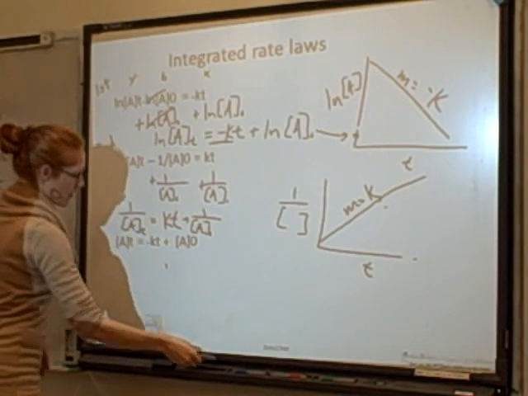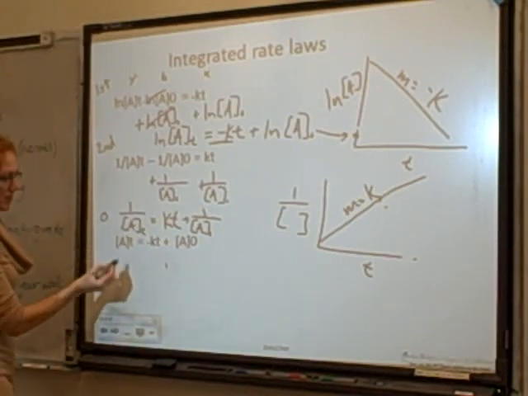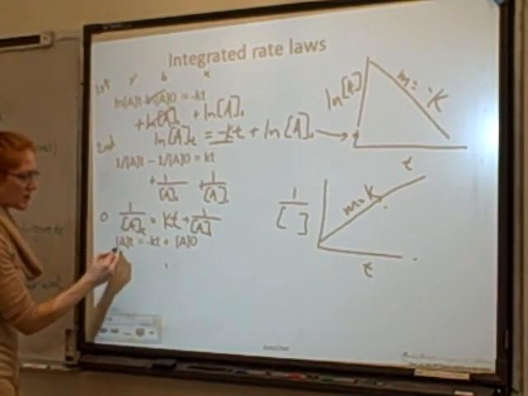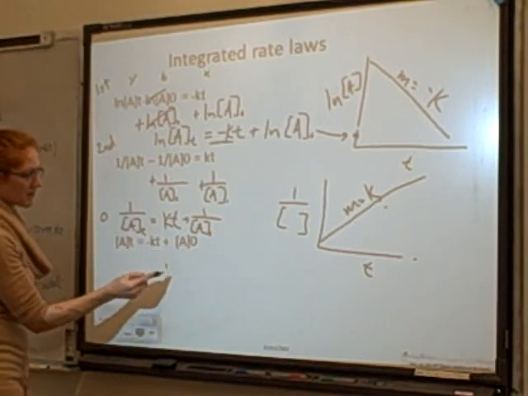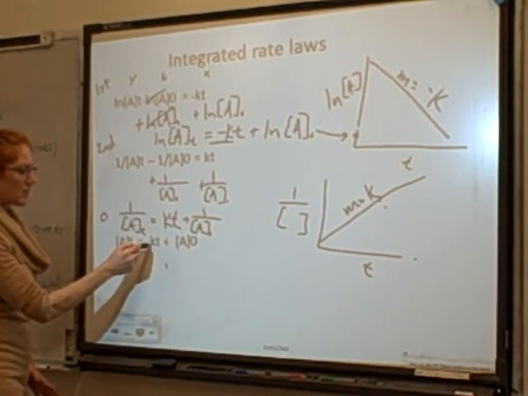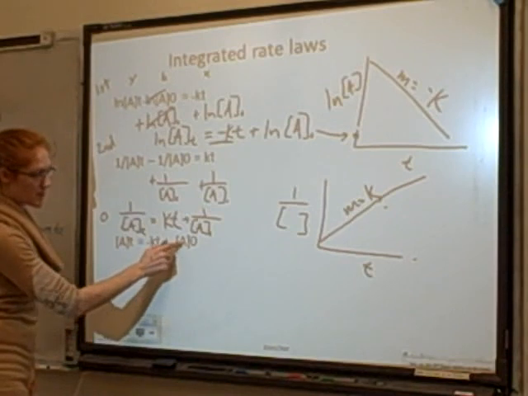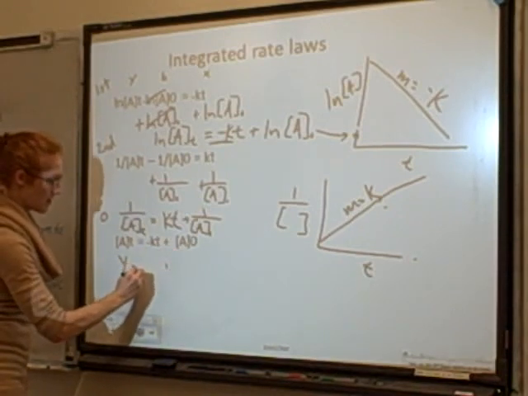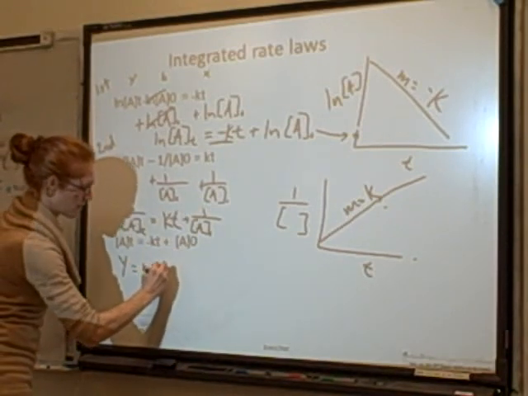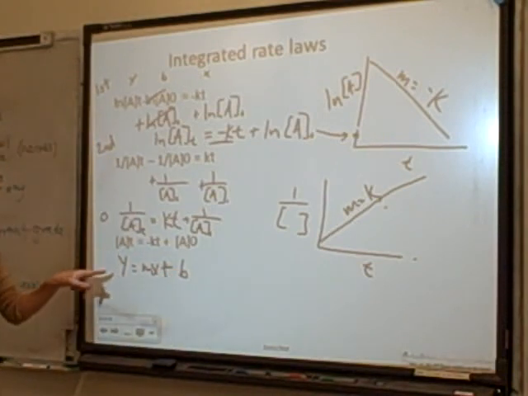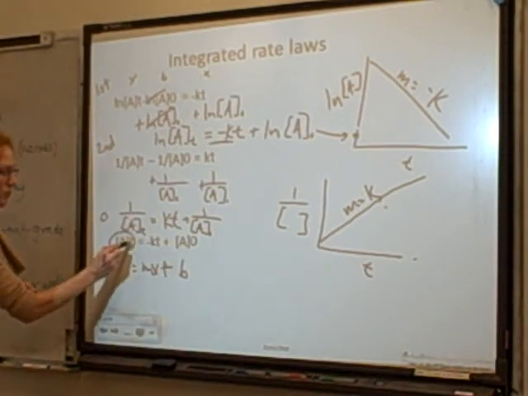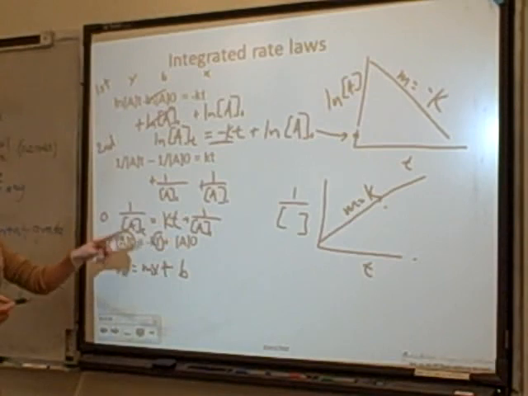And, okay, so if I get this straight line from plotting 1 over the concentration versus time, I have a second order. For this one, I'm just going to have concentration equals negative kt, the rate constant times the time, plus the initial. This is my y equals mx plus b. So in this one I should be able to plot y versus x, concentration versus time.